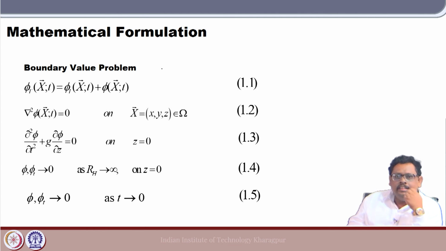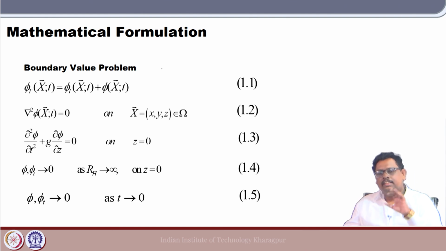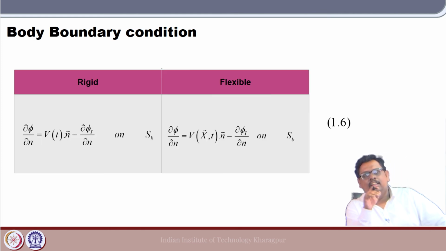Then 1.3 is nothing but the total free surface boundary condition, and then you have the condition at infinity and the initial condition. So, this is fine. Where is the difference? The difference here is actually when you write the body boundary condition.